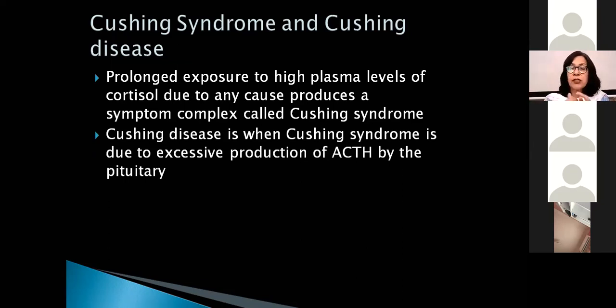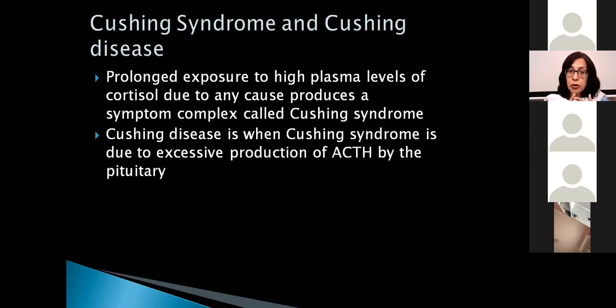Similarly, if the symptom complex is due to high cortisol, the patient has Cushing syndrome. If the Cushing syndrome is due to excessive production of ACTH by the pituitary, here the most common cause is ACTH excess, not adrenal corticosteroid excess.